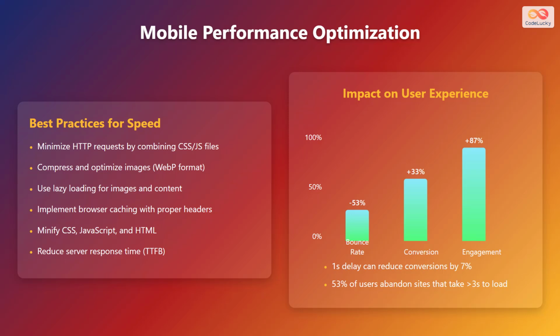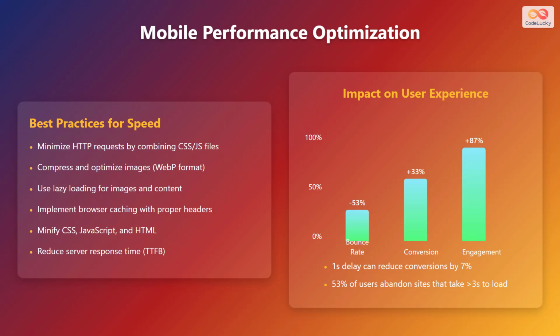Mobile performance is a critical factor in user experience. Slow-loading websites can lead to high bounce rates and lower conversion rates. To optimize performance, it is important to minimize HTTP requests by combining CSS and JavaScript files. Compressing and optimizing images using the WebP format also helps.